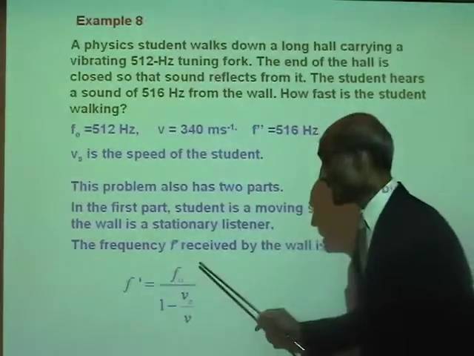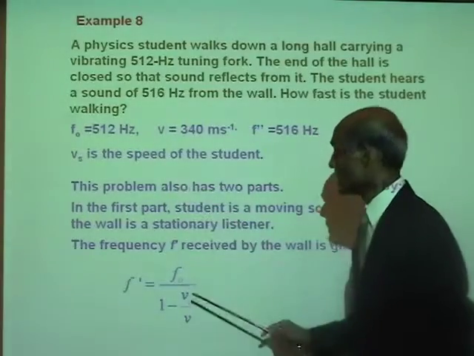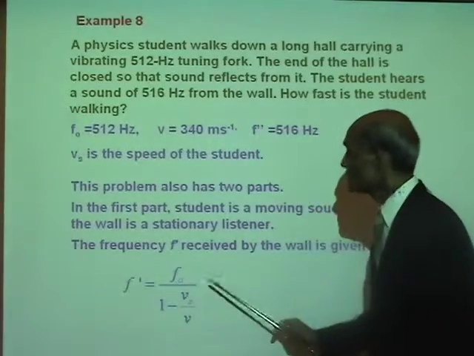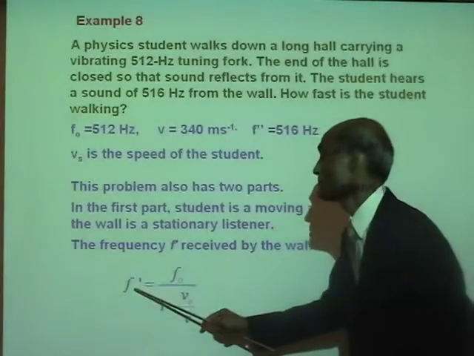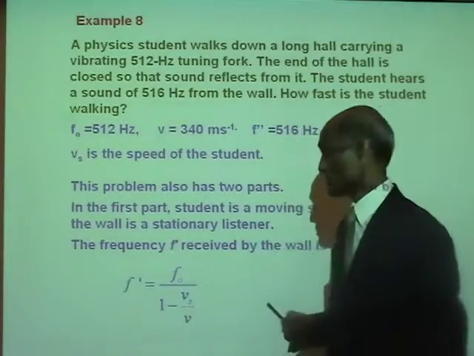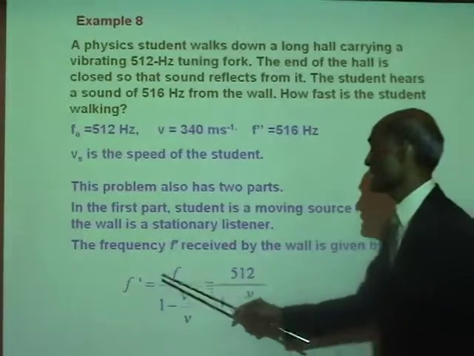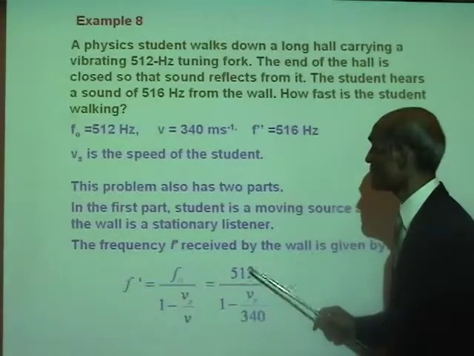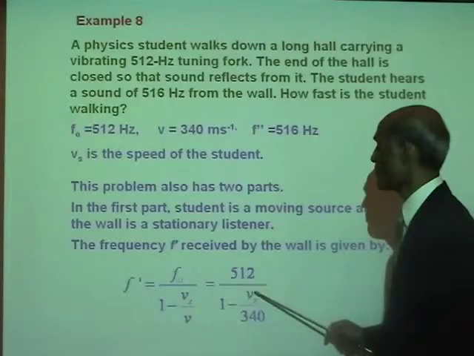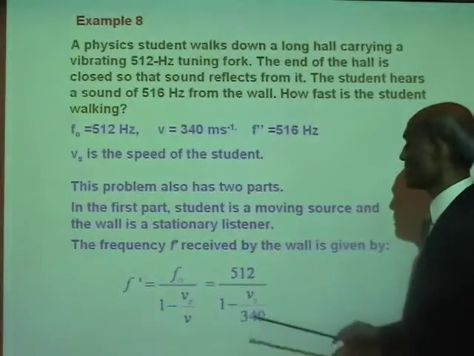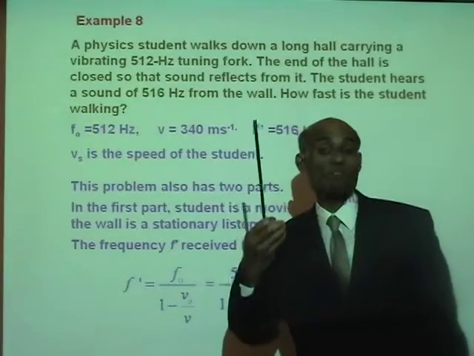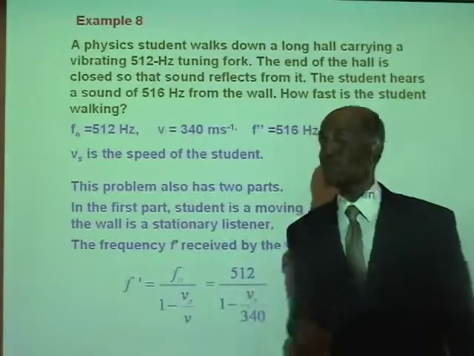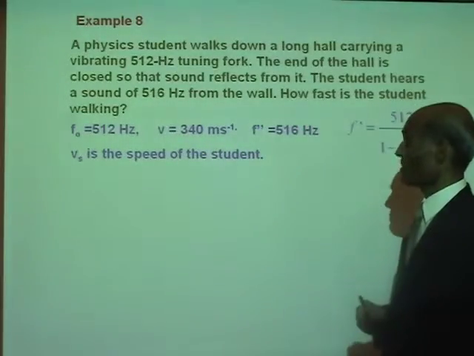F0 we know, V we know, we are looking for Vs, but we don't know F prime. So we're going to leave it that F prime equals 512 divided by 1 minus Vs over 340. That is our F prime, the frequency as the wall receives it. That is the first part of the problem.